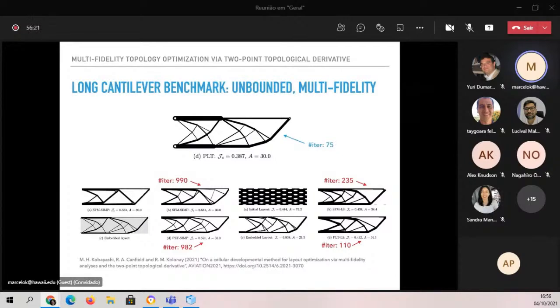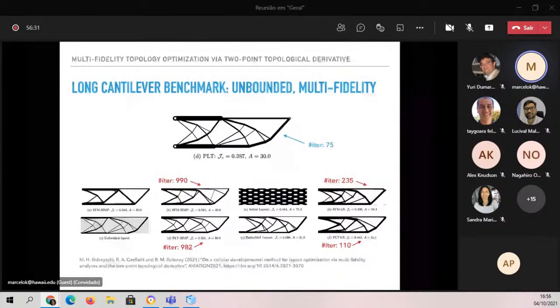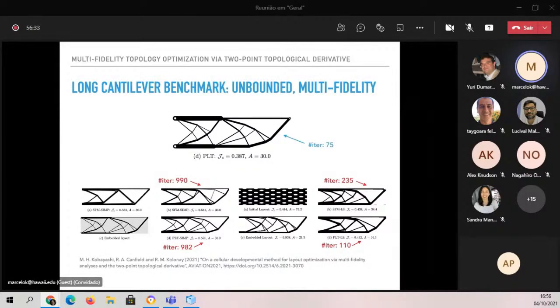On the SIMP side, you see there just changing the resolution. If you have the second row here, you have that SFM. SFM is single fidelity model. So SFM SIMP that you have on the second row, top left, is obtained with the 800 by 200 fidelity.